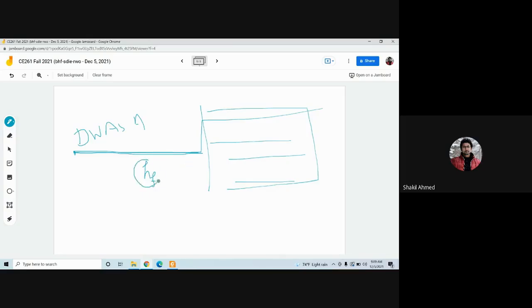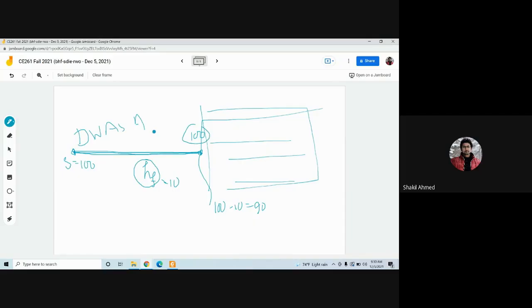Otherwise, how would you design? You have to give this extra energy from here. Let's say you need 100 at this point, and your head loss is 10. If you provide energy of 100 at the source, by the time the water reaches here, how much will you get? 100 minus 10, you'll get 90. But your requirement is 100.